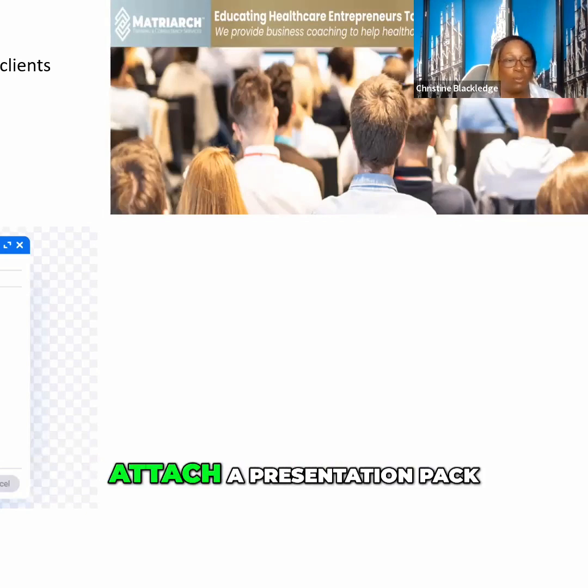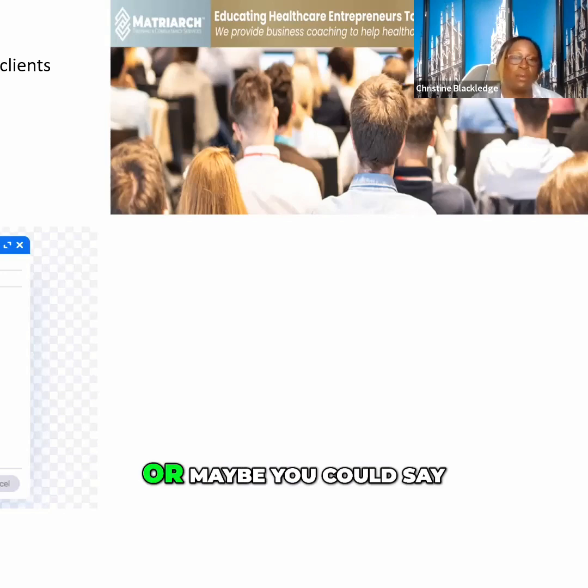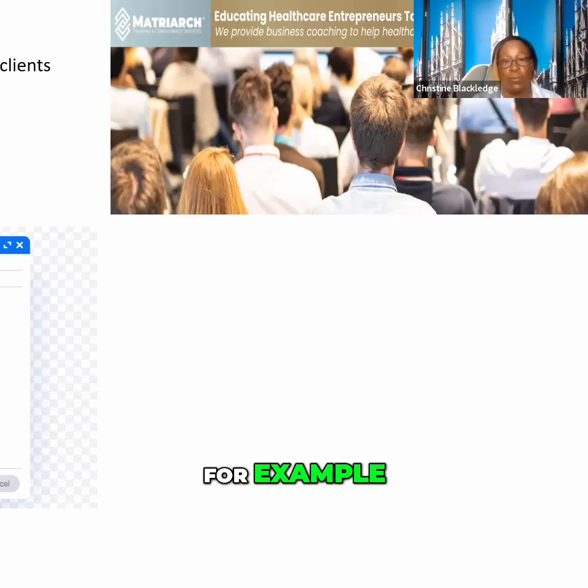And then you would attach a presentation pack, for example. And you will say that, if that's okay with you, I'll be following up with a phone call, for example. Or maybe you could say, if you know of anyone that would benefit from our services, please do pass on our details, for example. Okay.